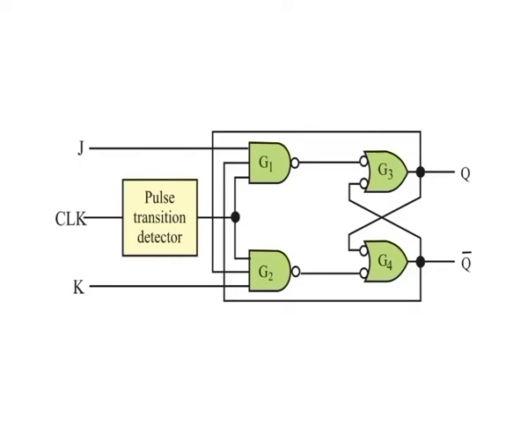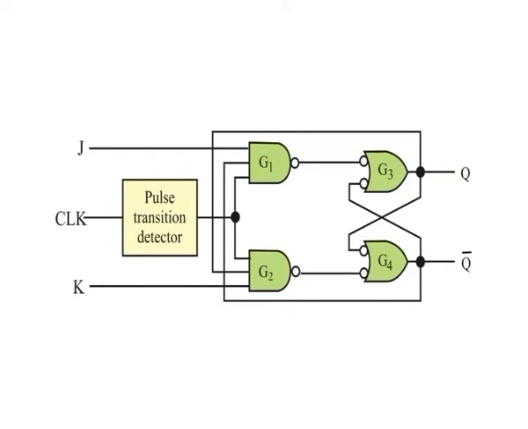The figure here shows the basic internal logic for a positive edge triggered JK flip flop. It differs from the SR edge triggered flip flop in that the Q output is connected back to the input of gate G2 and the Q bar output is connected back to the input of G1.